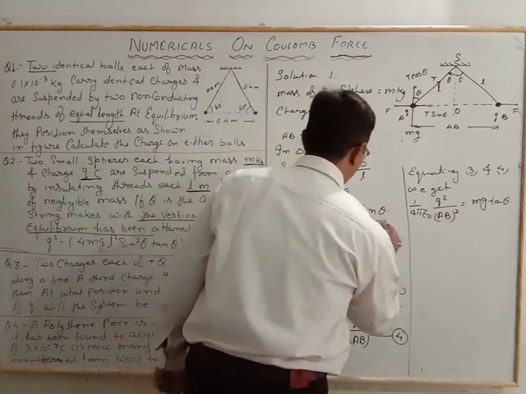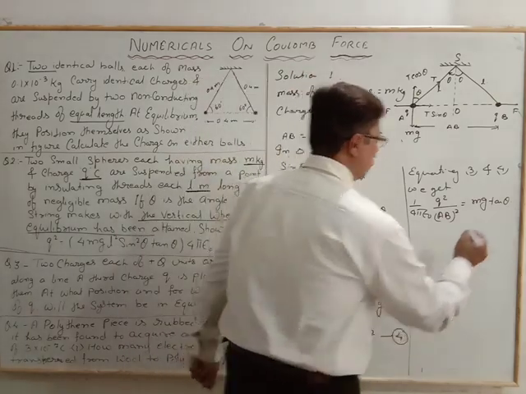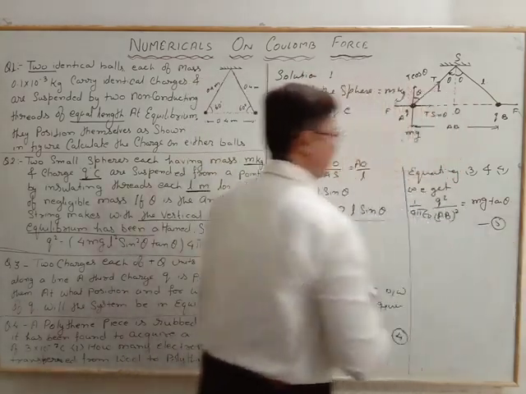Now we have calculated AB. This value of AB we now substitute in relation number 5.